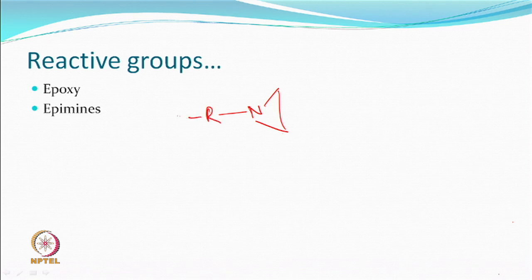So, the other similar type of group is in the series which we call epimines. Epimines are again a 3-membered ring which are nitrogenous compounds.